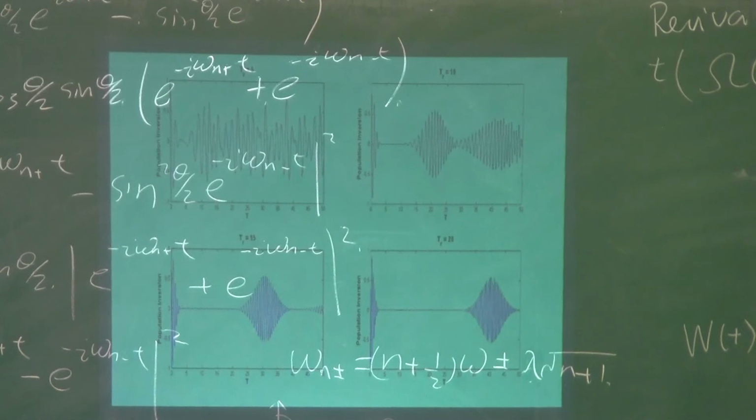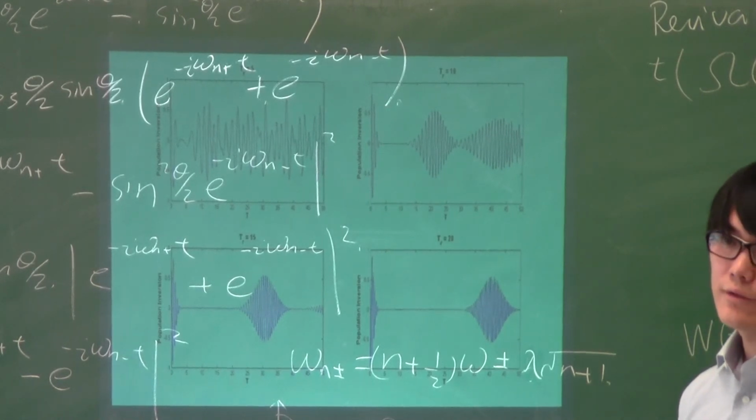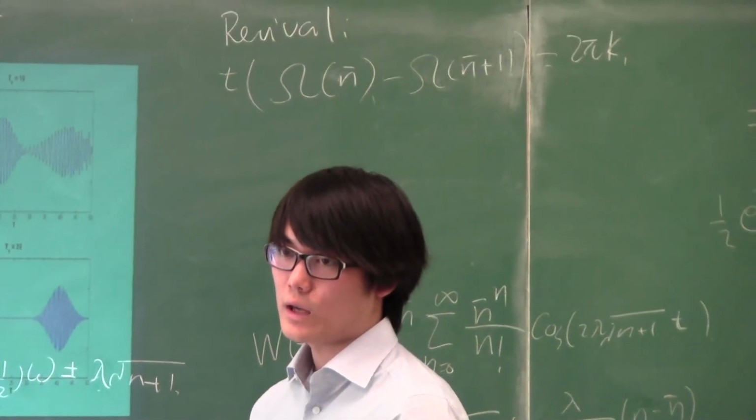The first one is for k equals 1. So the difference here is equal to 2 pi over t. This is saying that lambda t is equal to 2 pi divided by the frequency difference, depending on the Rabi frequency. This is why we are able to predict when the first revival happens.